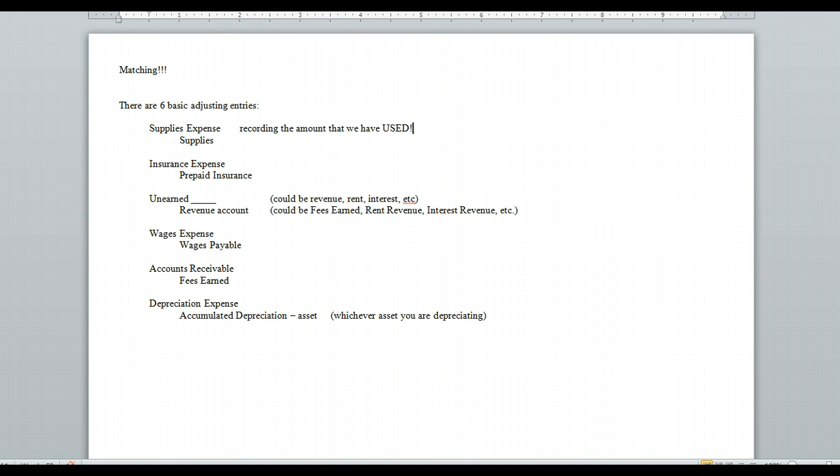So that will be the number that we use in our journal entry, the amount of supplies that we have used up, because that's what becomes the expense. Now, in some of your transactions, they will just tell you how much they have used. If they tell you how much they have used, then they are giving you the answer.